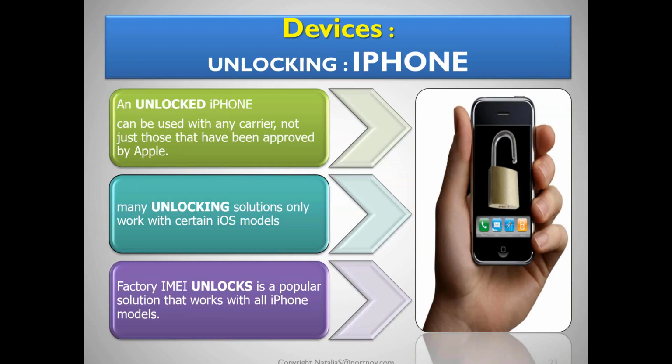This means that you can use an unlocked iPhone with, for example, T-Mobile or any operator abroad without any issues. Many people unlock their phones when moving or traveling overseas because international roaming rates are very high, and a properly unlocked iPhone can be used with any local SIM card.